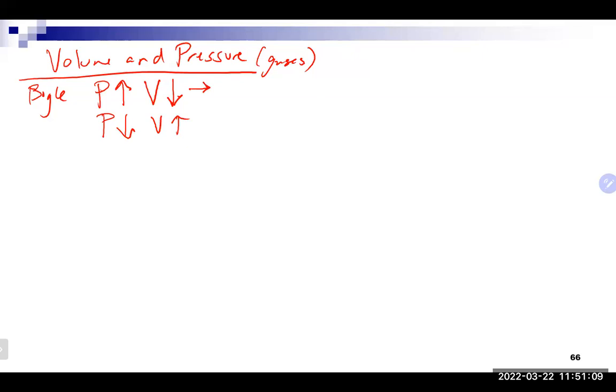And because the volume's related to it, if I have a very small volume, do I need more or less gas molecules to bring the pressure back down? So if I put more gas molecules in a really small area, would I expect the pressure to go up or down? It would actually go up, right?